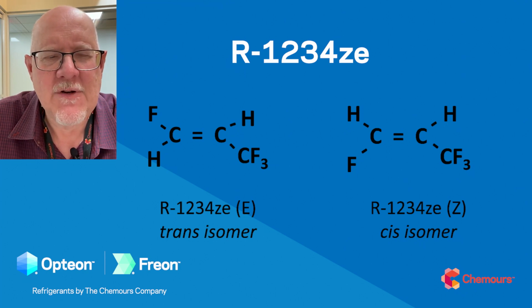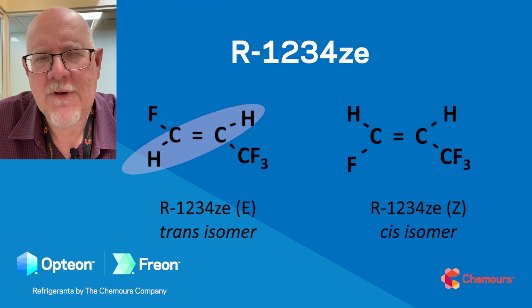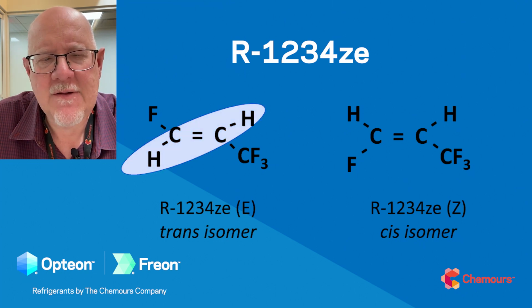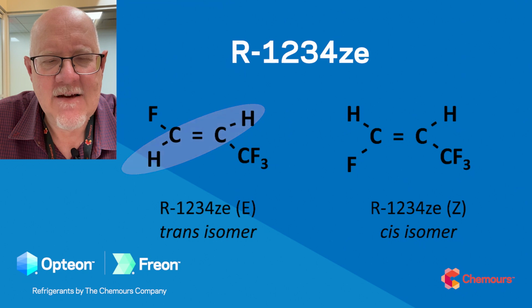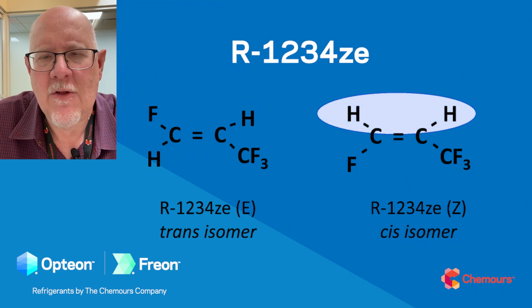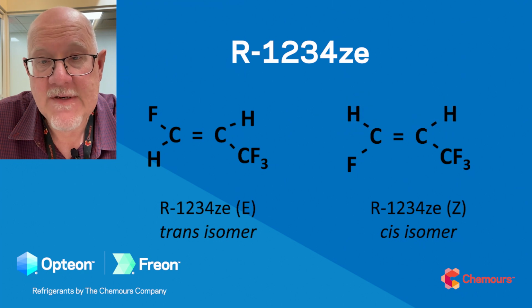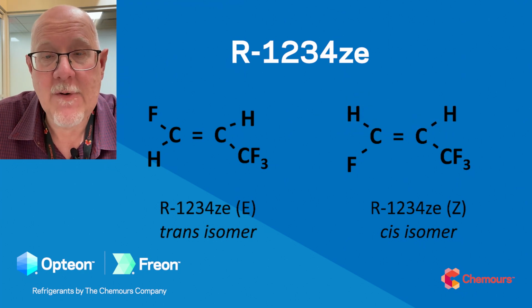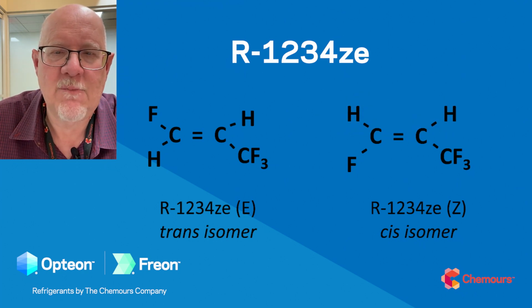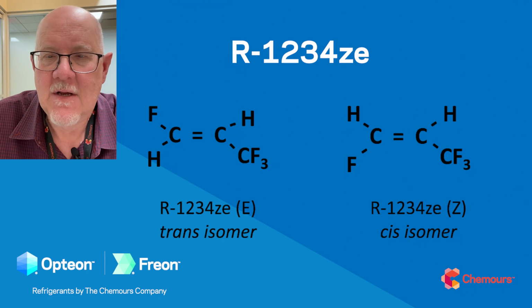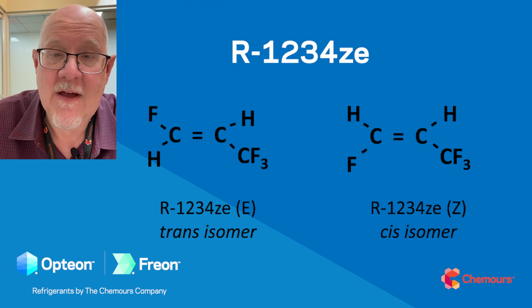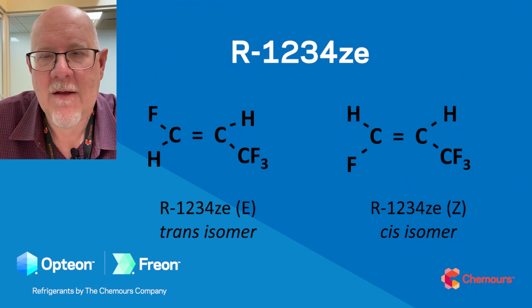So you can see for the trans or the E isomer, the 2 hydrogens are across from each other, and on the Z isomer or the cis isomer, they are on the same side. These molecules will have different physical properties, including things like boiling point. So it's important when you get to these types of systems where isomers are possible that you specify exactly what molecule you're talking about, because there are variations out there.